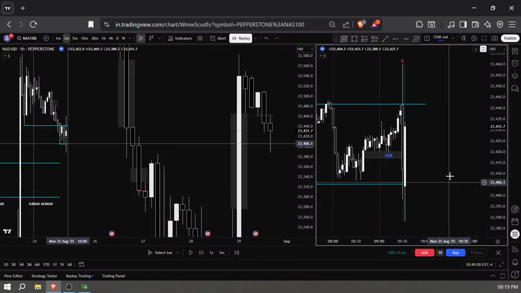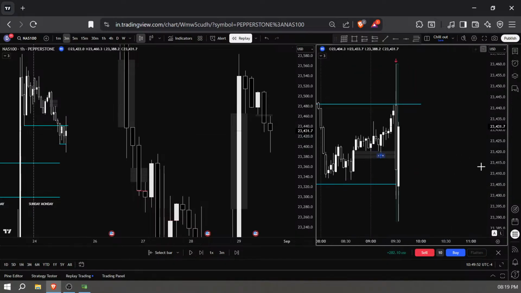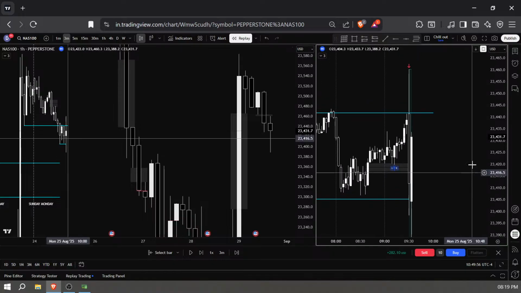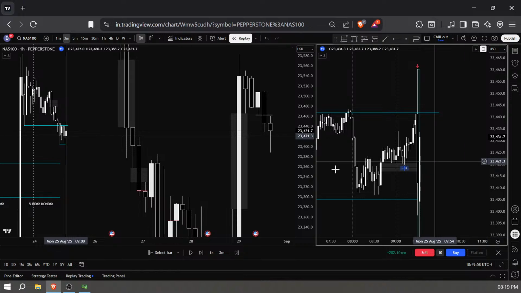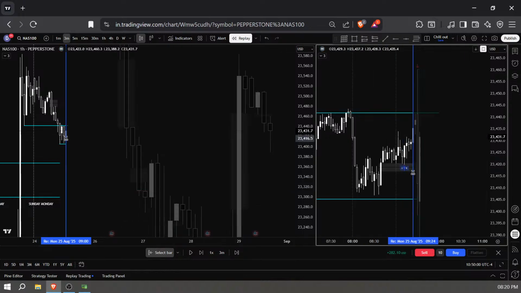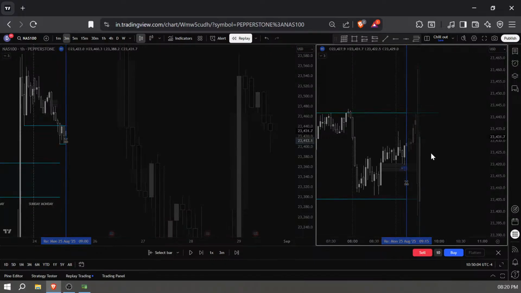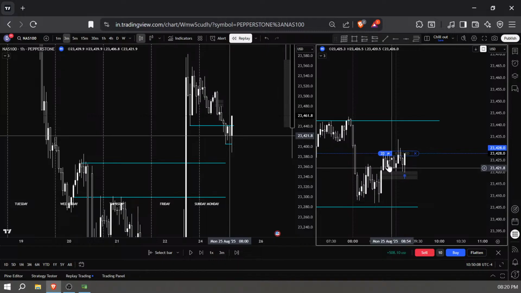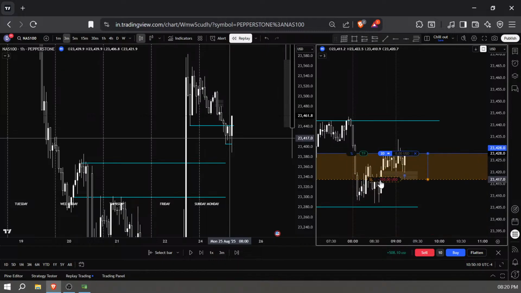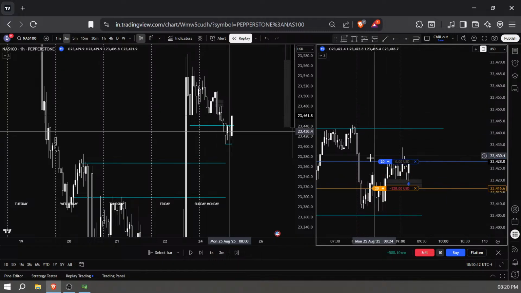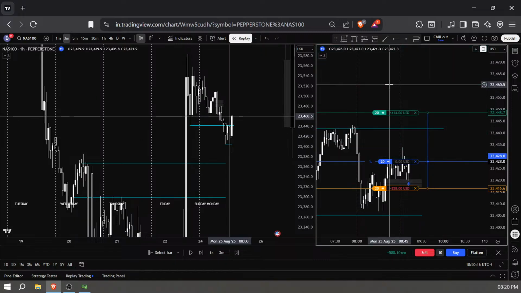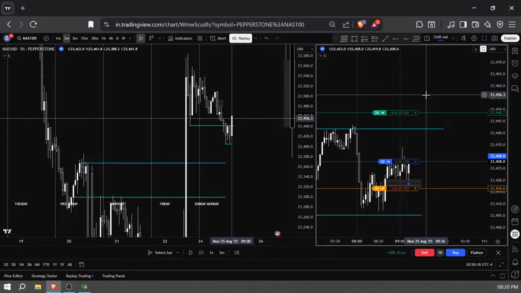What the fuck? My bad, I haven't kept my TP. So I think I should play this again. So my SL will be below this one, and my target will be like this one, which is 2R, right?